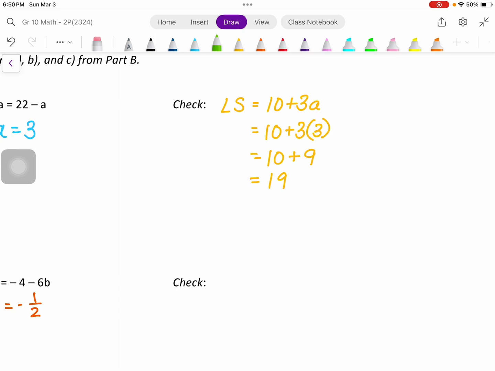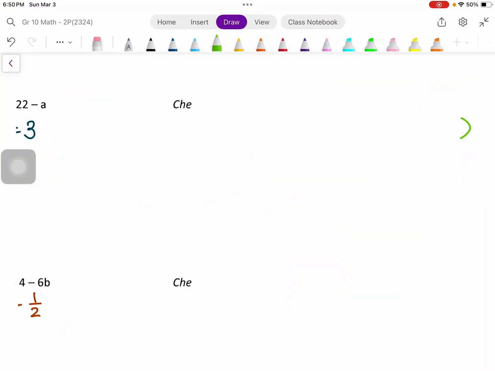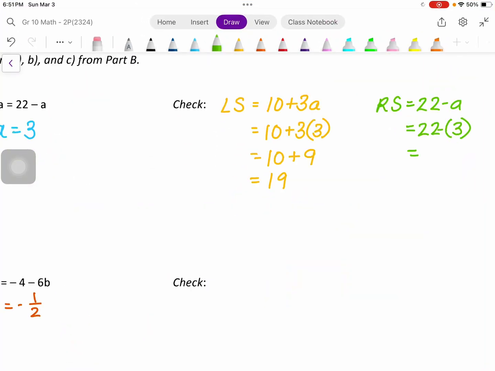So our right side is 22 subtract a. That's 22 subtract, I'm going to replace, oops, I forgot my subtract. Replace the a with a 3, and 22 subtract 3 is equal to 19. So these 3 dots in a triangle where the 1 point is on the bottom means since.